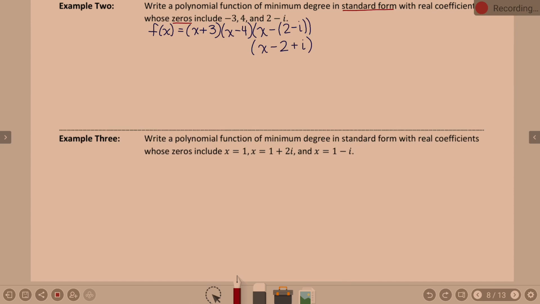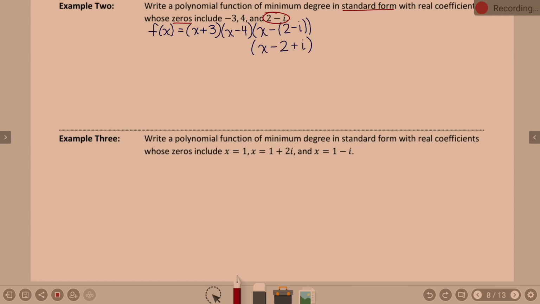If a plus bi is a zero, then so is its conjugate, a minus bi. How does this affect me? If 2 minus i is a zero, then so is its conjugate.